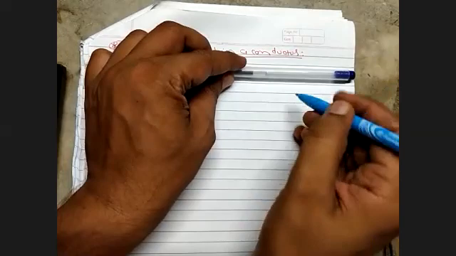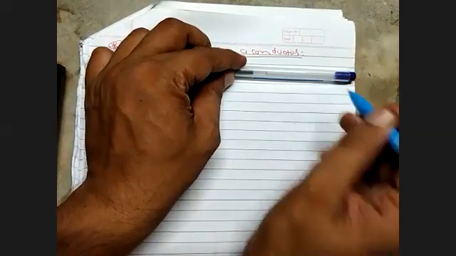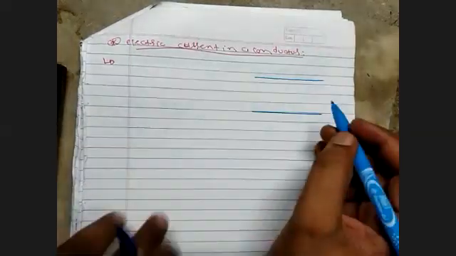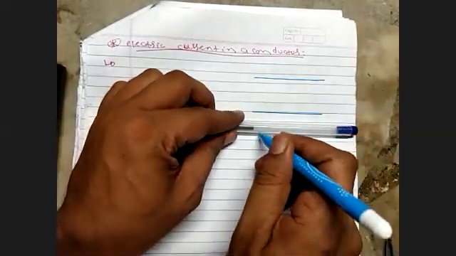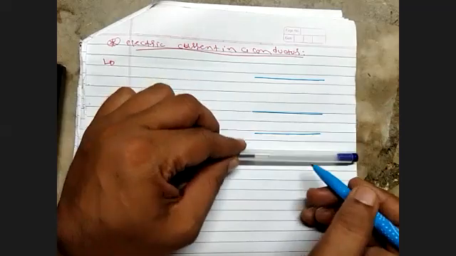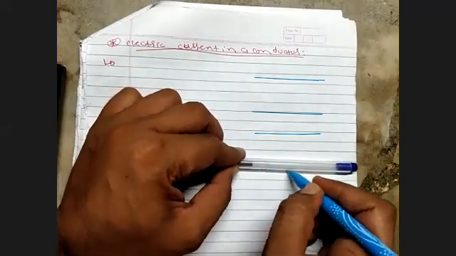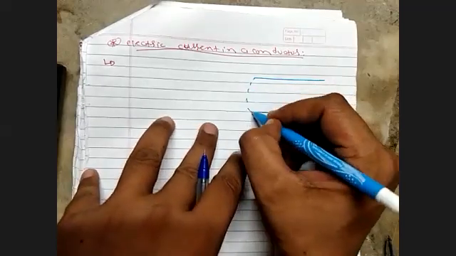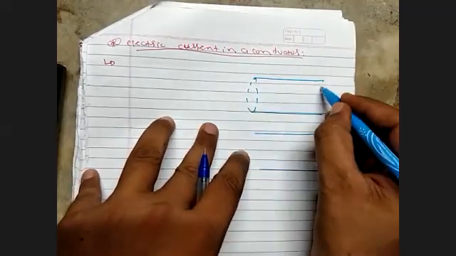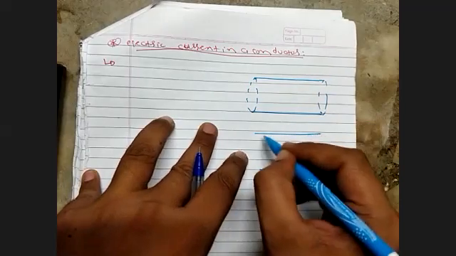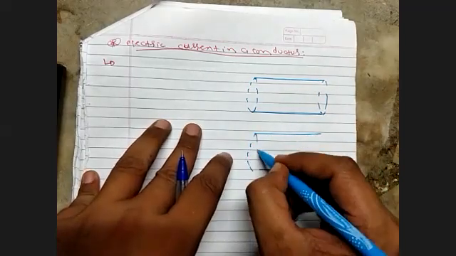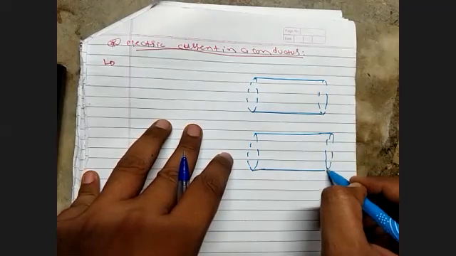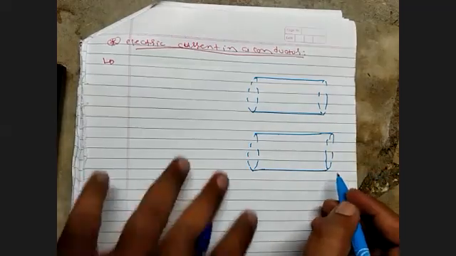This is a simple conductor with an electric field, both with potential difference and without potential difference. There is the conductor, there is a cross section, there is another cross section, just like this, right?